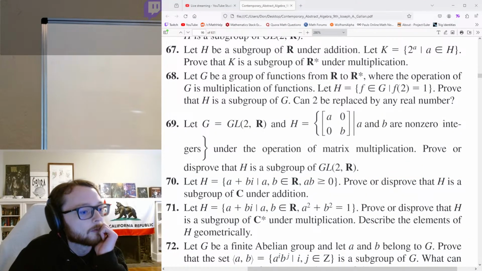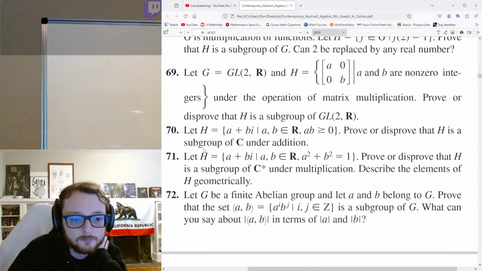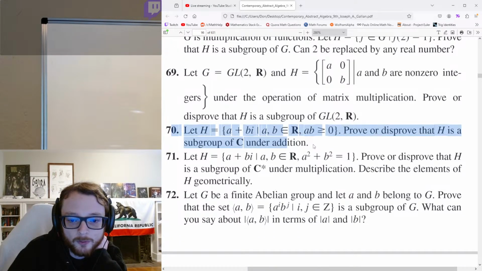What's next? 70. Got some complex numbers, okay. I remember seeing Pen Center do, I think I was watching Pen Center stream for this section of the questions. I remember this one not being closed.